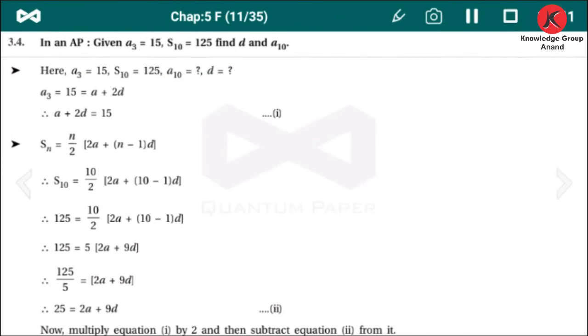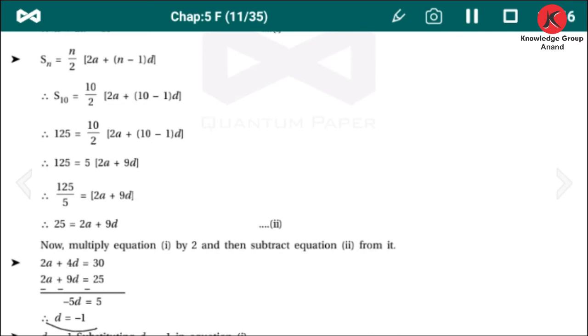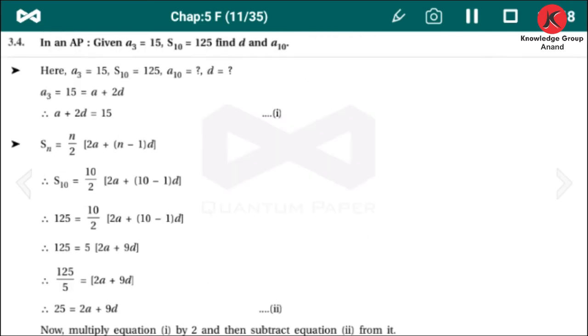Find D and A10. We find here D is equal to minus 1, but first we take Sn and get two equations.